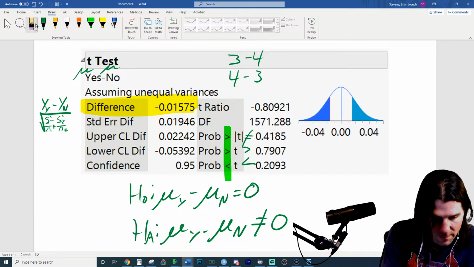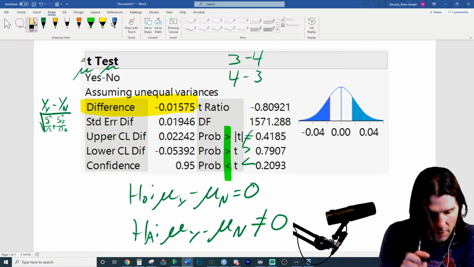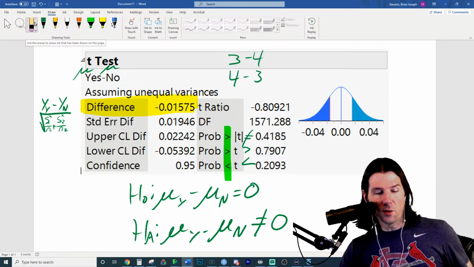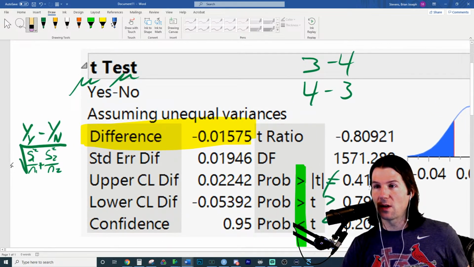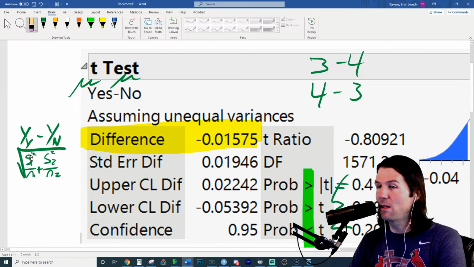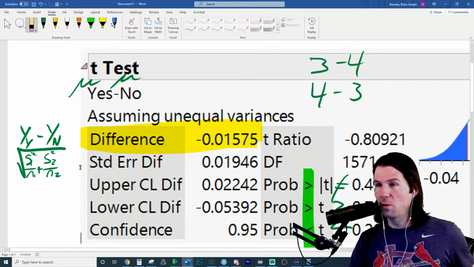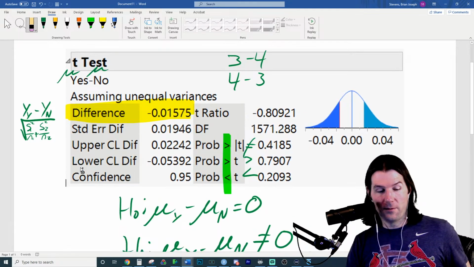We rarely have you solve this, but it should be the yes group, s sub 1 squared over n sub 1, plus s sub 2 squared over n sub 2. So this right here is the standard error of the difference.